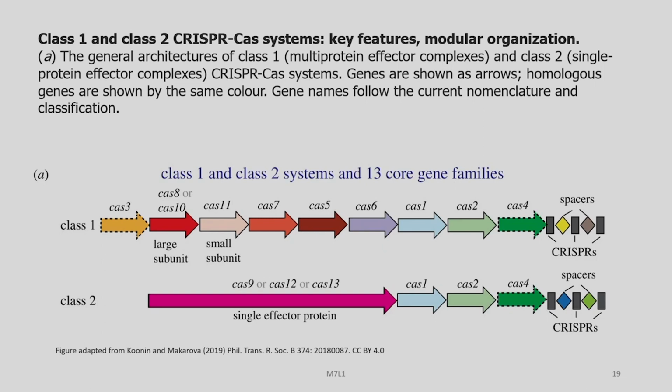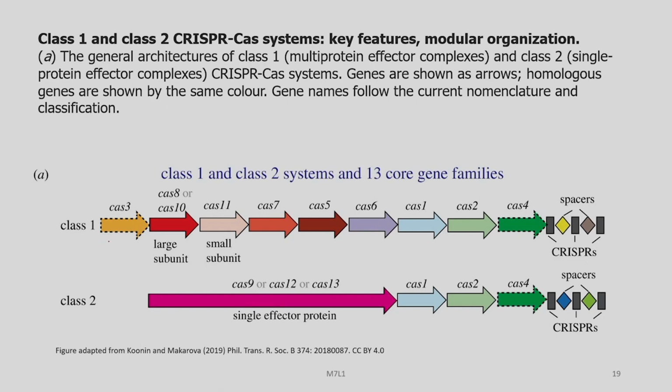Here the genes are shown as arrows, homologous genes are shown by the same color, and gene names follow the current nomenclature and classification. Here are the CRISPR repeats and here are the spacers. Spacers and repeats you already know in detail, and these are the CRISPR-associated genes.